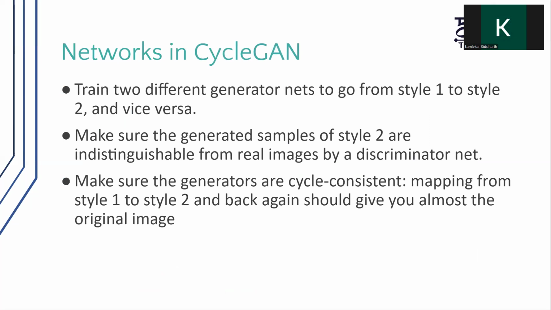Each CycleGAN generator has three sections: encoder, transformer, and decoder. The input image is passed into the encoder. The encoder extracts features from the image using convolutions and compresses the representation of the image, but increases the number of channels. The encoder consists of three convolutions that reduce the representation to 1/4 of the actual image size. Consider an image of size 256, 256, 3, which we input into the encoder.